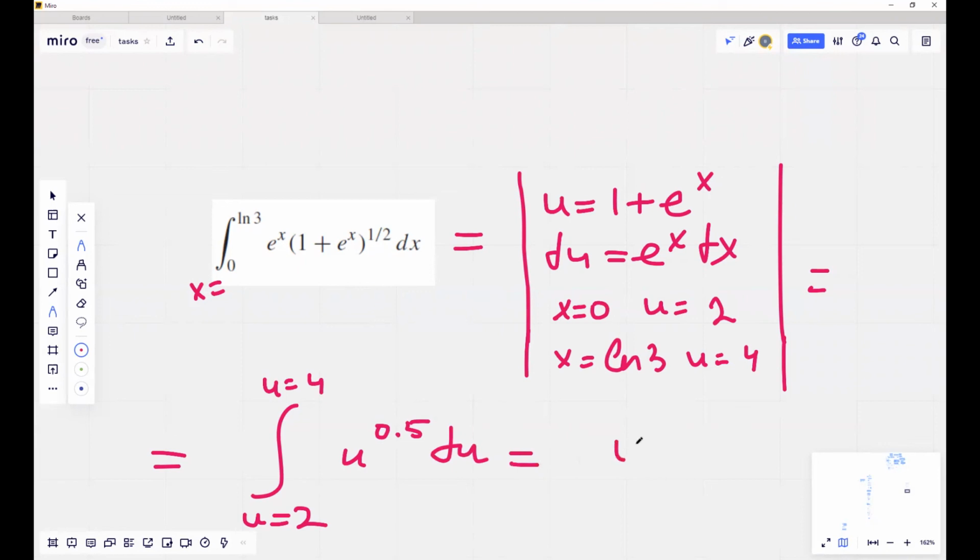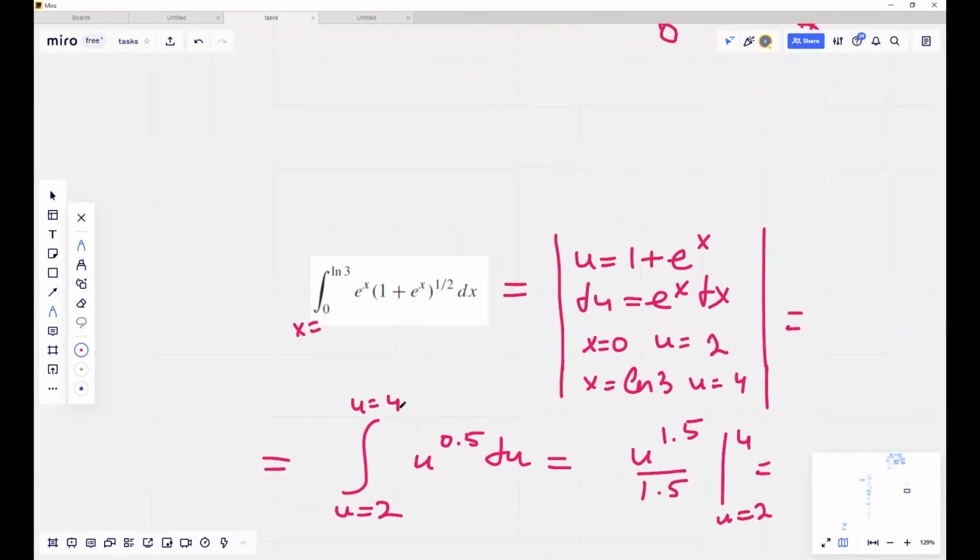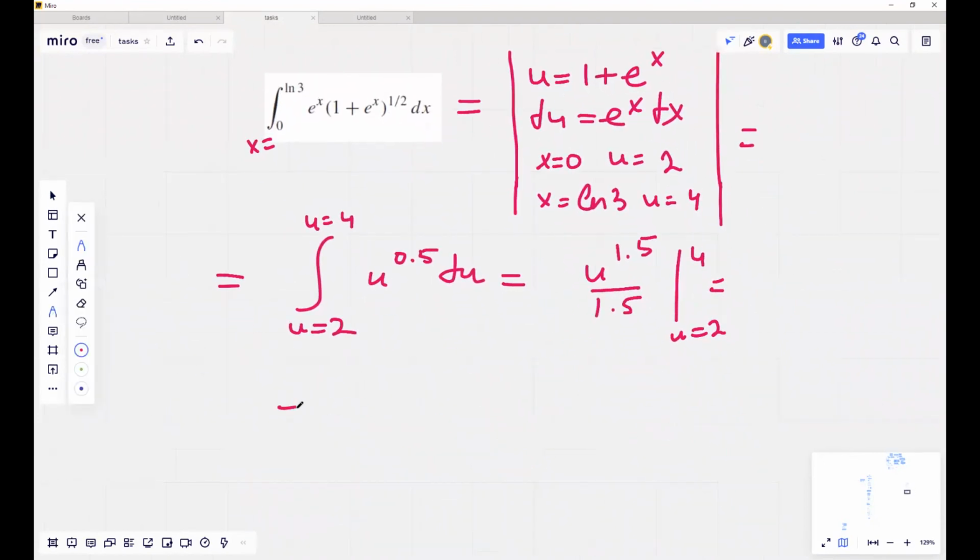So our answer is then u to the power of 1.5 over 1.5. Boundaries of integration are from 2 to 4. So substituting these values, we'll get 4 to the power of 1.5 over 1.5 minus 2 to the power of 1.5 over 1.5.